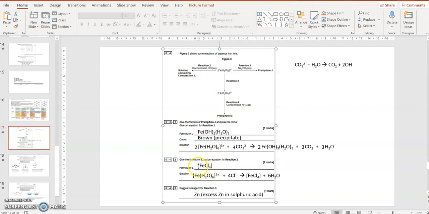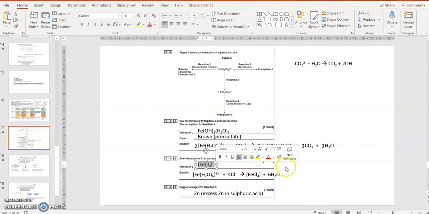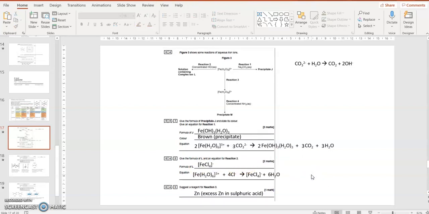Only 4 can fit around rather than 6 waters because the Cl- are larger. And therefore you've got the equation there, Fe(H2O)6 being released. It's going to go ahead because you've got 5 molecules on the left, 7 on the right, and you get a positive entropy change as it goes left to right. And a nice green colour for anything with Cl ligands around it.